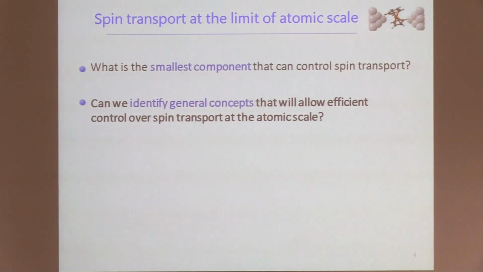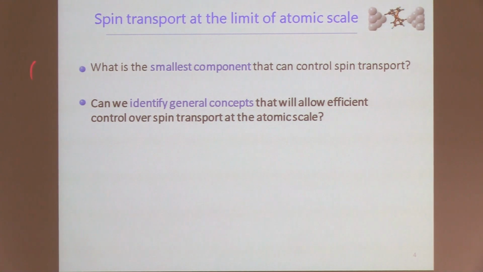We are looking at spin transport at the limit of the nanoscale or atomic scale. The main question we want to ask: what is the smallest component that can control the spin transport? Can a single atom control the spin transport, or can you see any change?